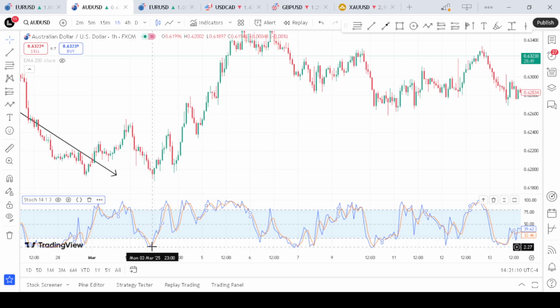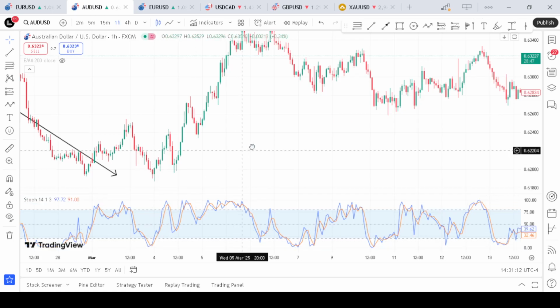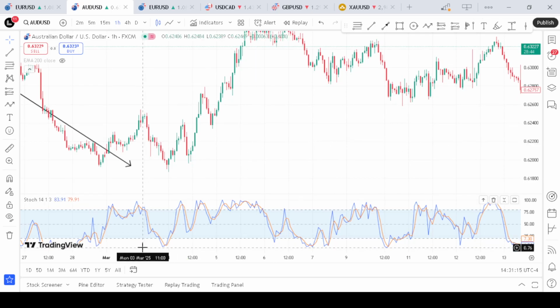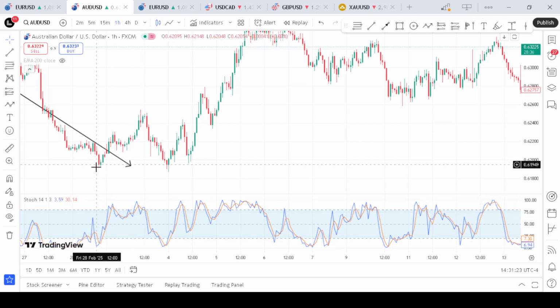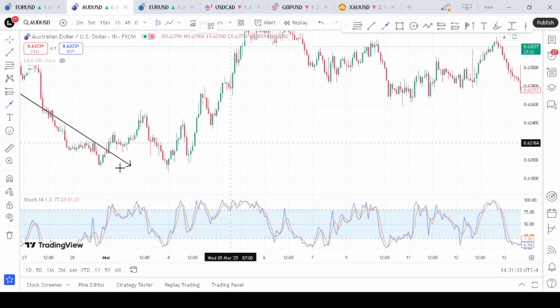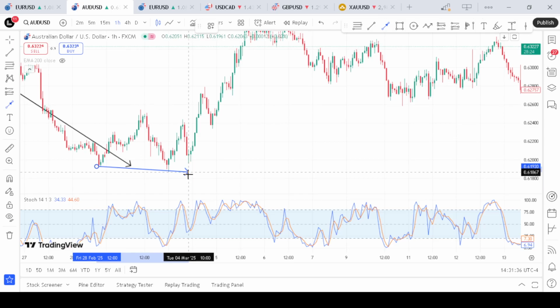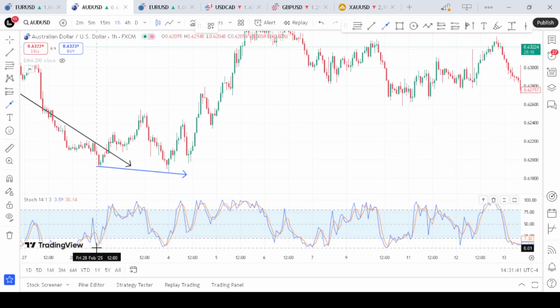It coincides with our long position, and if we look at this, we can see there is a little bit of divergence going on in the chart. Price is making a series of lower lows, and at this area price is making a lower low while the stochastic indicator is making an equal low, a slightly higher low.